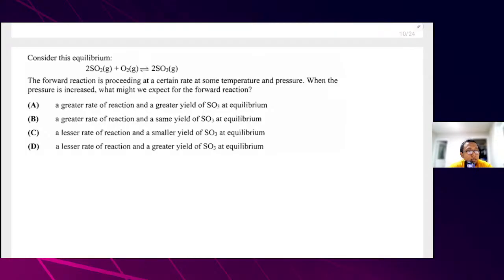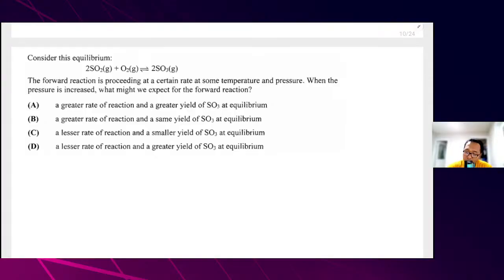Let's see. If you stress a system at equilibrium, it will shift to relieve that stress. When we increase pressure, the system will move toward the side with fewer moles of gas. So let's count the gas molecules. We can use the Le Chatelier principle.